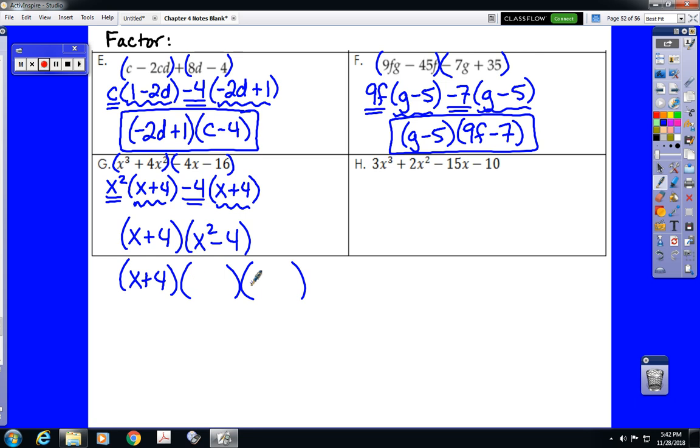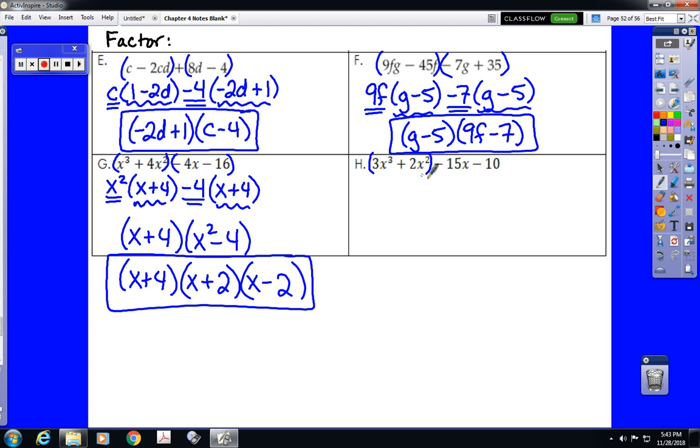The first term in each of these new binomials will be the square root of x squared, which would be x. There will be one plus and one minus, as that is the pattern we follow for difference of two squares. And the second term will be the square root of 4, which is 2. This would be the fully factored expression.